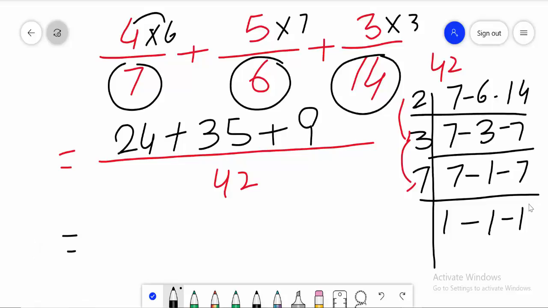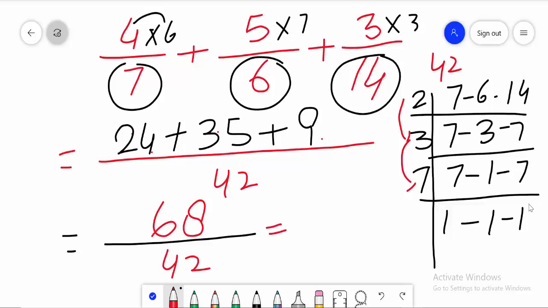Now just add these three values: 24, 35 and 9. 4 plus 5 is 9, plus 9 is 18. 1 carry 2, and 3 plus 5 plus 1 is 6, over 42.